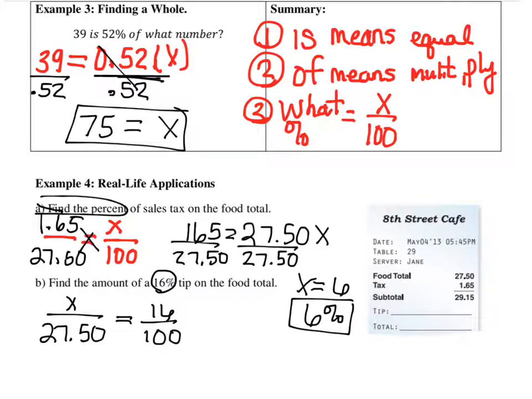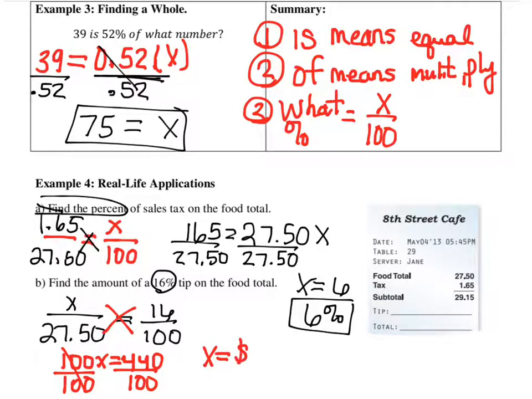So again, we are going to cross multiply this. And once we do that, we get 100x equals 440. When we divide by 100, we will then know how much our tip should be at 16%. So if you are going to this restaurant, you should spend $4.40 on your tip.